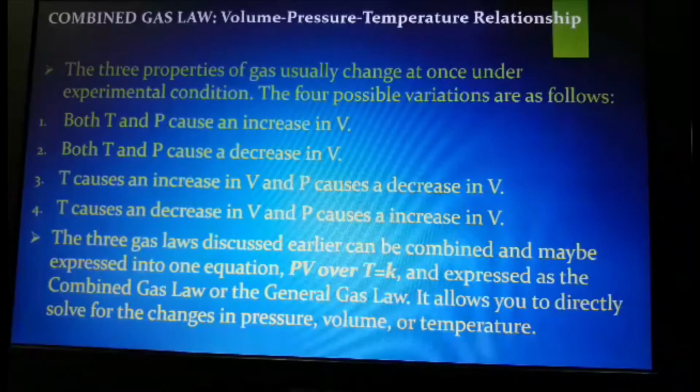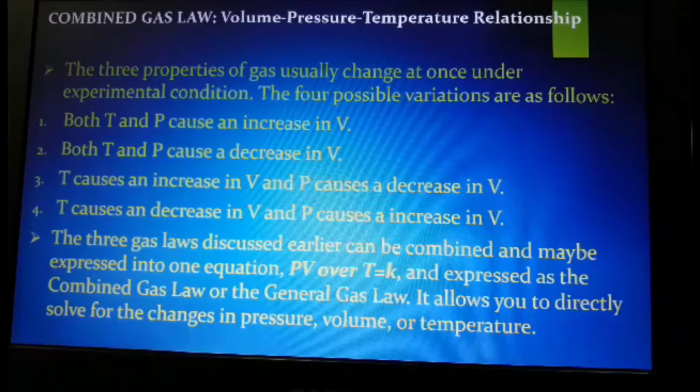So, we're talking about the combined gas law. The three properties of gas usually change at once under experimental conditions. The four possible variations are as follows. First, both temperature and pressure cause an increase in volume. Second, both temperature and pressure cause a decrease in volume.